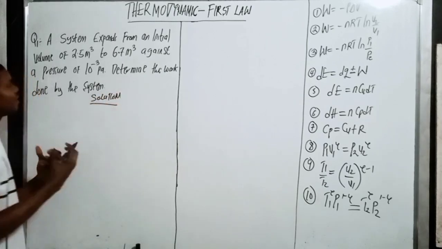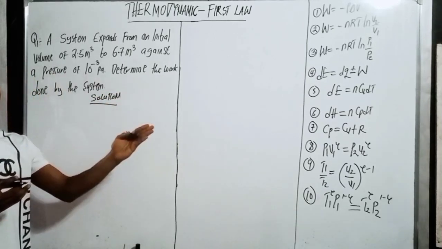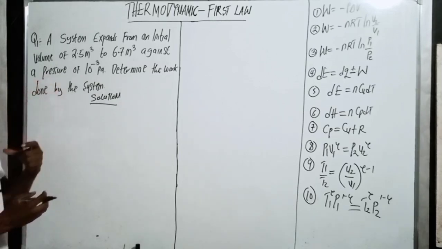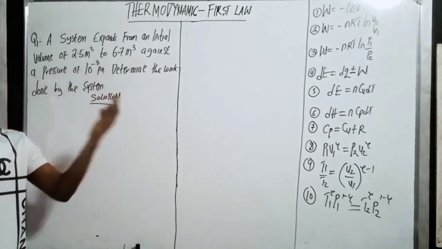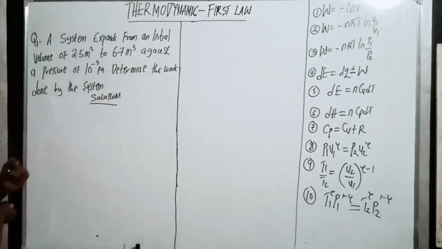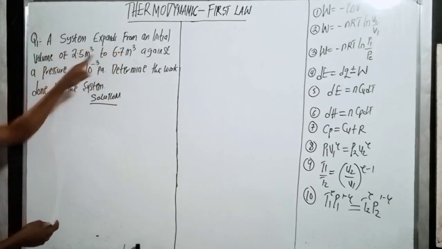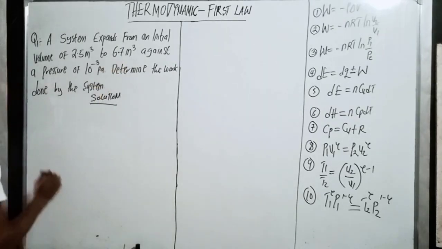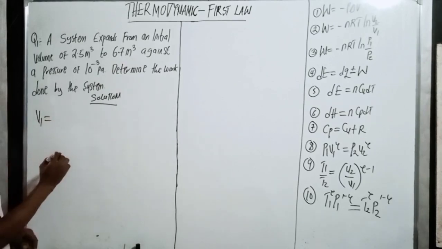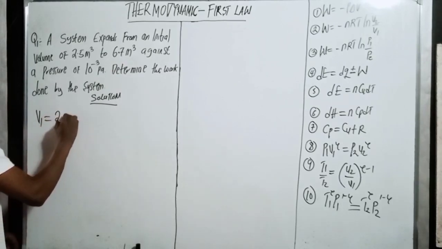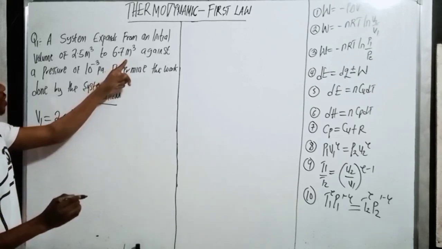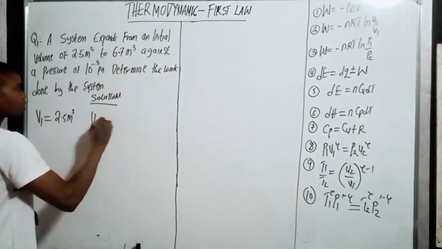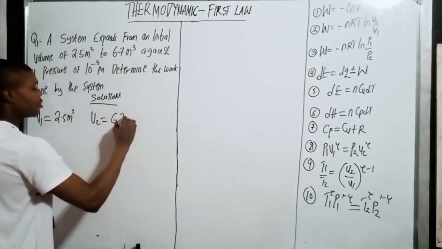Solution. Before you start looking for a formula to use, write out your parameters. From there you have a clear view of the kind of formula you are going to use. The system expands from an initial volume V1 equals 2.5 meter cube, to V2 equals 6.7 meter cube.